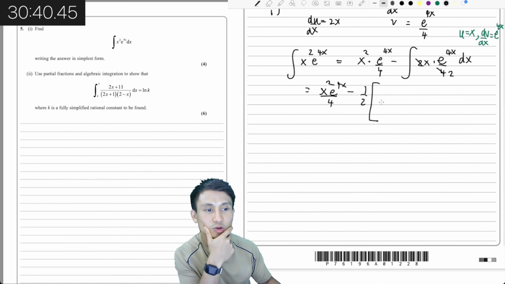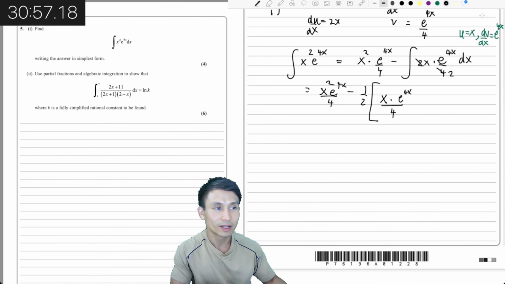So again, this is uv, so u is x. dv by dx, to get v you have to integrate that. So integrating that, you get again the same thing, e to the 4x over 4, right? That's just the v. Let me write it down as well.